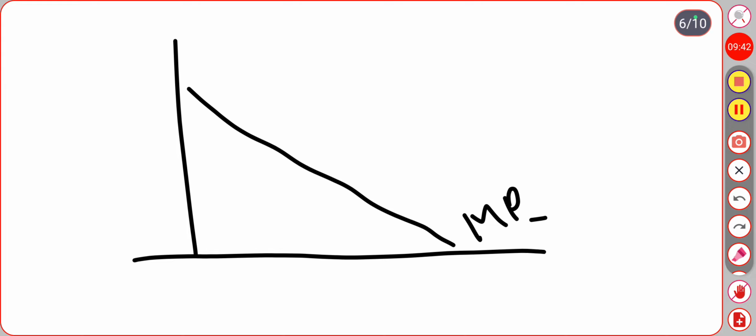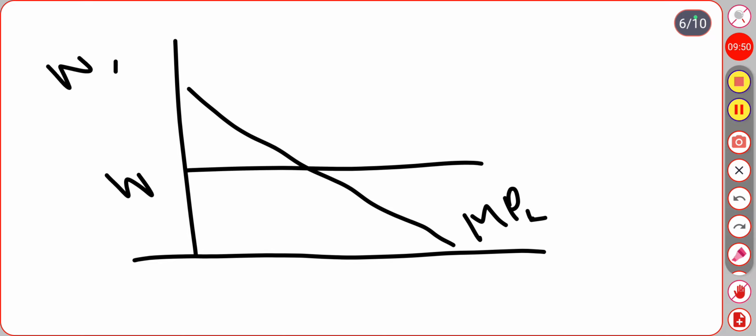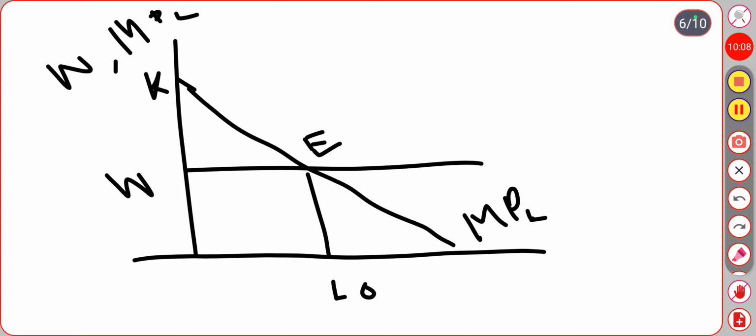First, the marginal productivity of labor curve, wage rate W. Here the vertical axis is marginal productivity of labor and wage. This is the labor amount L0, and there is E, suppose giving a name, and this is K. This is the origin 0.